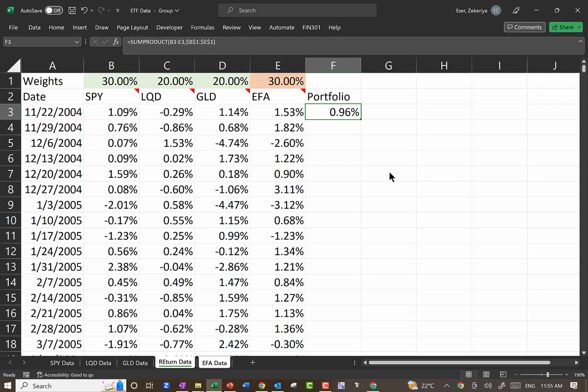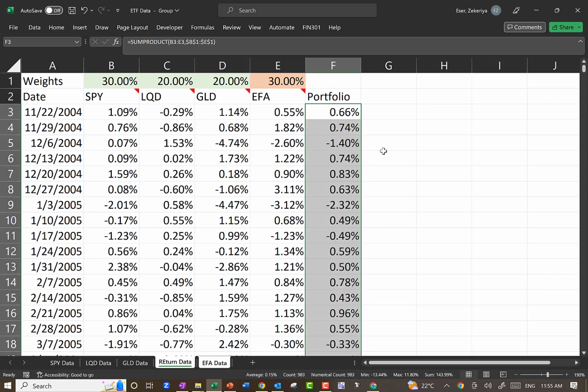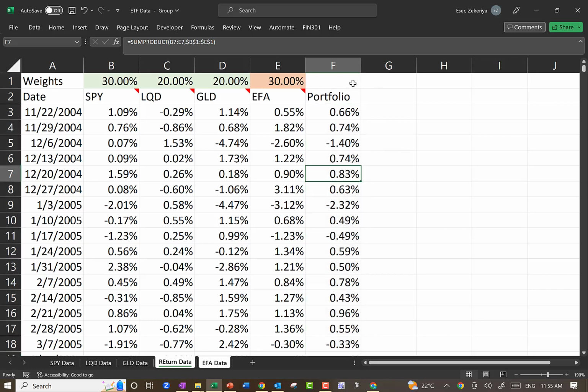So on November 22, 2004, this specific portfolio made only 0.96%. And double click, it calculated for the rest of it. Okay.